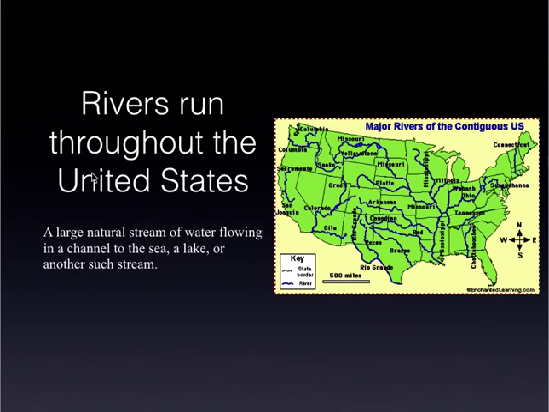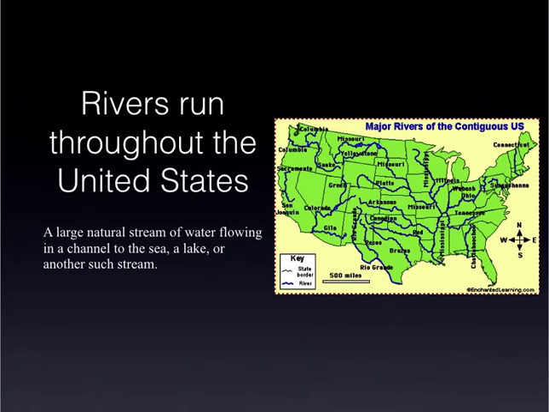Rivers run throughout the United States. So here are some examples of major rivers of the United States. The river right there, Colorado River, Mississippi, Missouri River. Those are some incredibly important rivers.